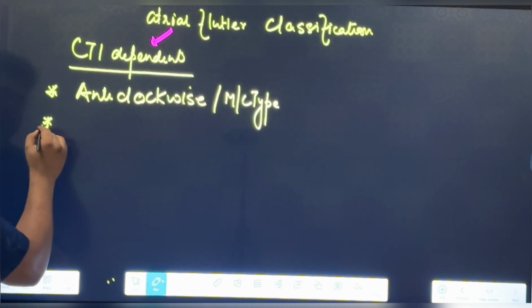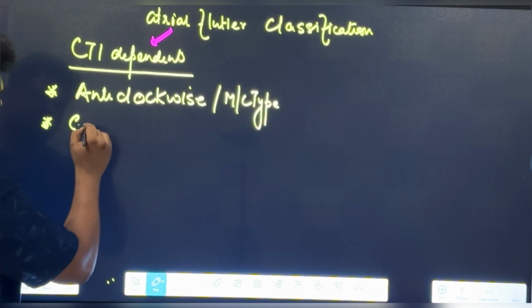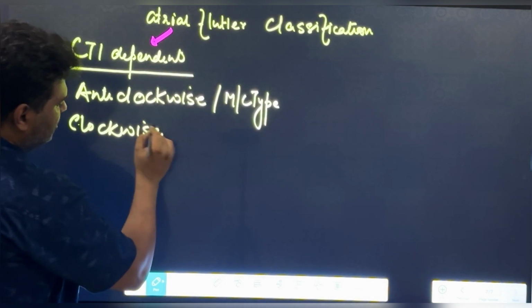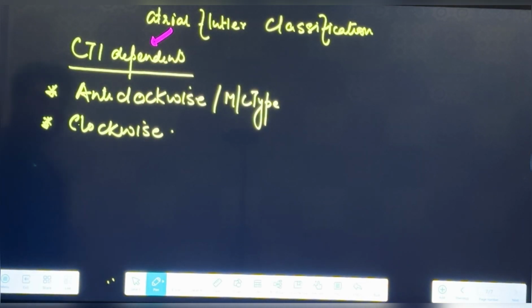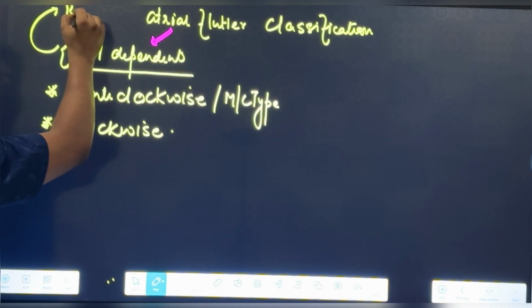And second is clockwise. This is the second most common type. So also remember that CTI dependent flutters will originate from where? They will originate from the right atrium.